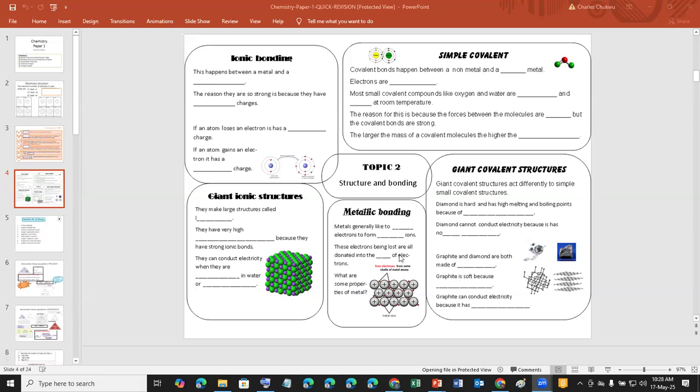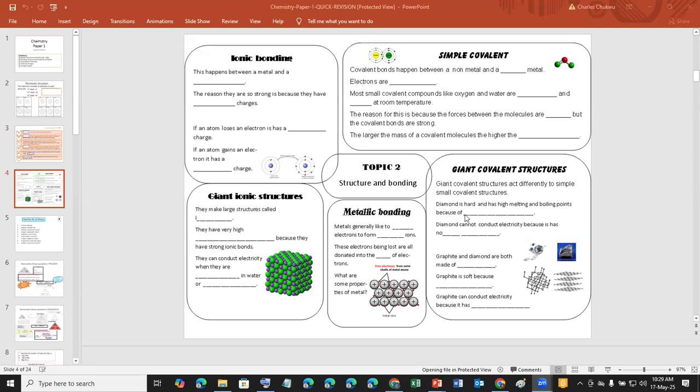Like you have giant ionic structures, you also have giant covalent structures. Of course, you can guess that something like a hydrocarbon is usually made up of hydrogen and carbon. An example is diamond.